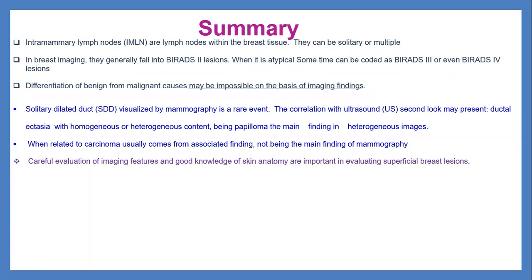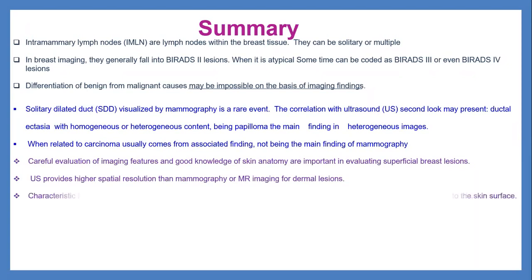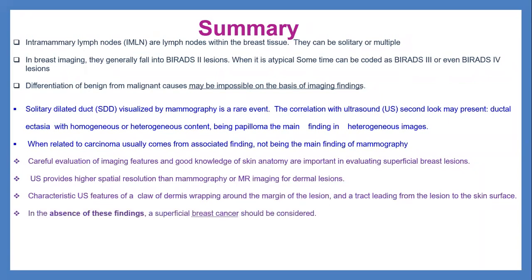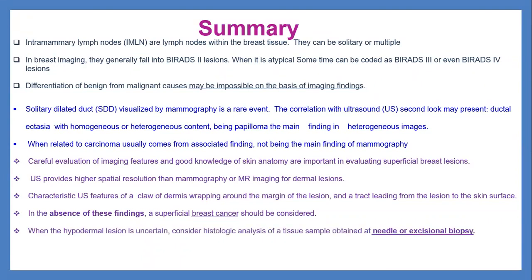Careful evaluation of imaging features and good knowledge of skin anatomy are important in evaluating superficial breast lesions. Ultrasound provides higher spatial resolution than mammography and MRI for dermal lesions and has characteristic features like the claw sign, with dermis wrapping around the margin of the lesion, and the tract sign leading from the lesion to the skin surface. In the absence of these features, superficial breast cancer should be considered.